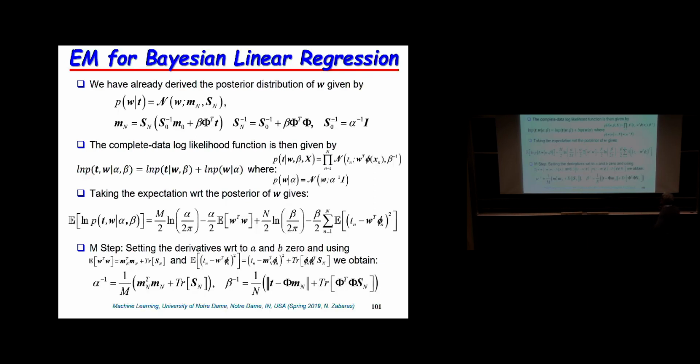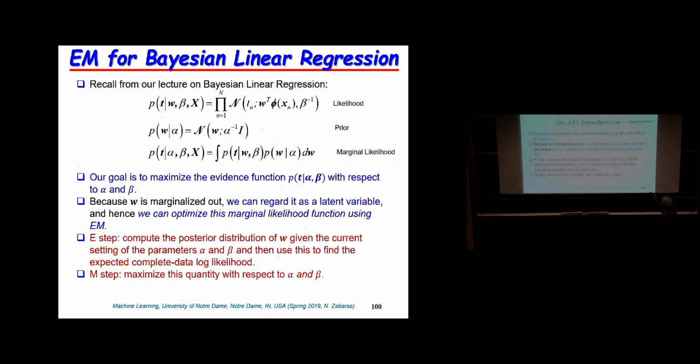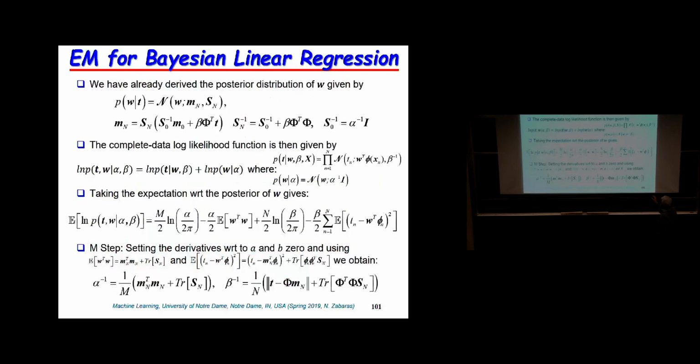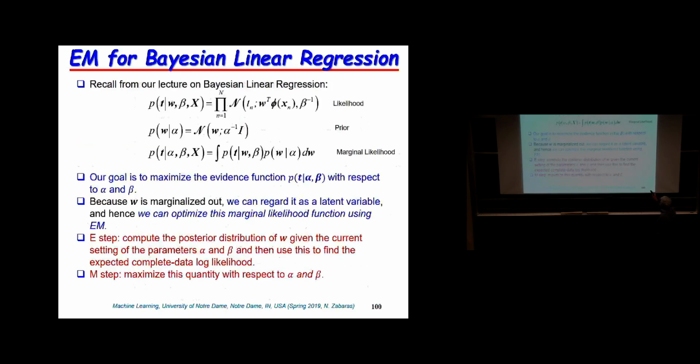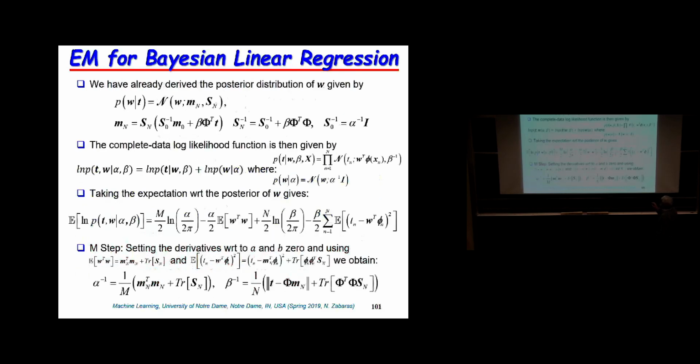It was the first equation on the previous slide, plus the distribution of w, which is our prior that looks like that. This is directly given by this equation. That's my likelihood model. And then I have plus the prior, and the prior is this. So I can write this exactly.